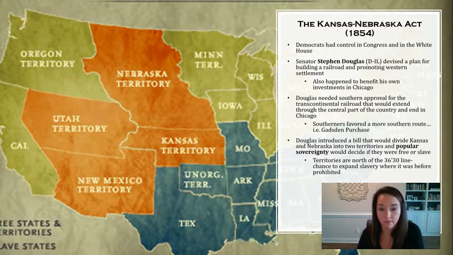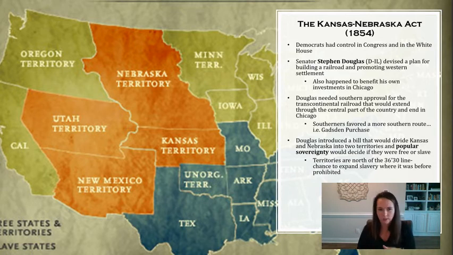So popular sovereignty, okay? Now, Southerners like this idea. Northerners were appalled by it, especially abolitionists or people that are anti-expansion of slavery, because it would repeal the Missouri Compromise, but Southerners really liked it because they're like, well, at least we have a shot now at gaining some slave states, even though agriculturally it doesn't really make sense.